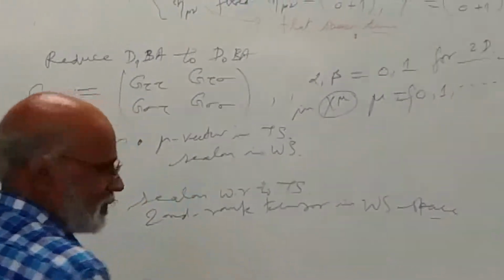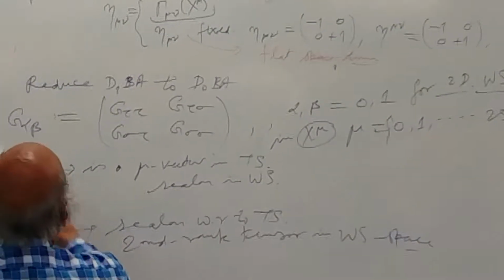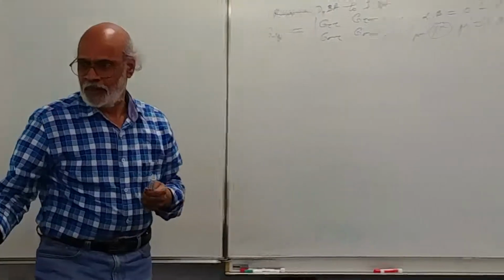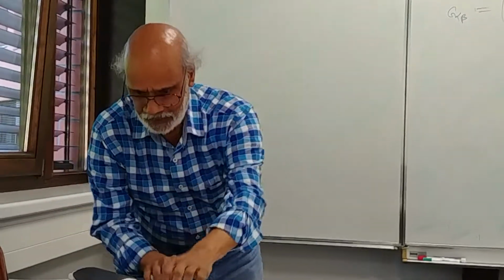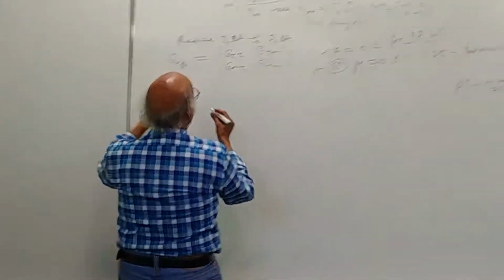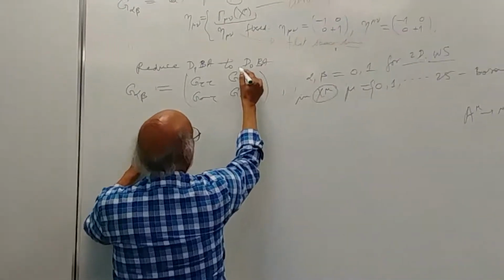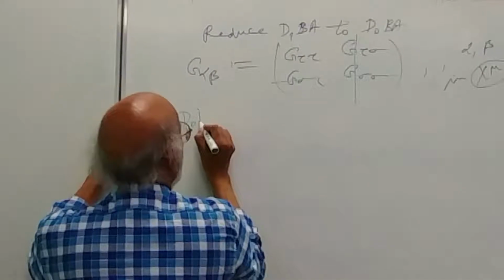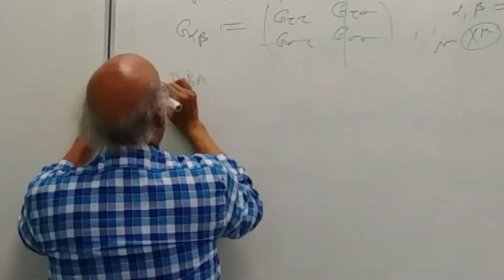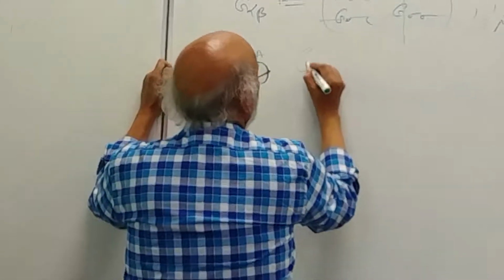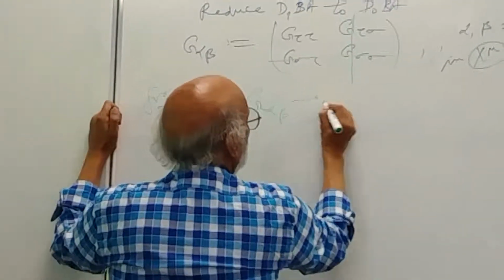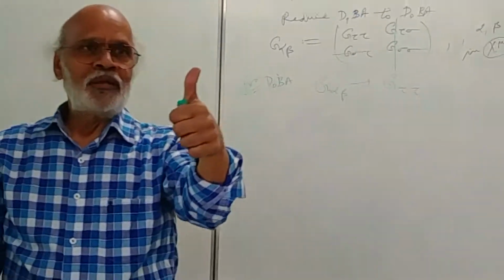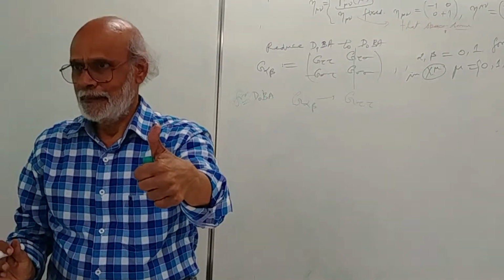And now after knowing this, we again go back to our idea. Now let me make use of another colored pen, and I want to go from the D1 brane to the D0 brane. So for the D0 brane, I would have g alpha beta just be g tau tau. It would be a one element matrix, 1 by 1 matrix, right?